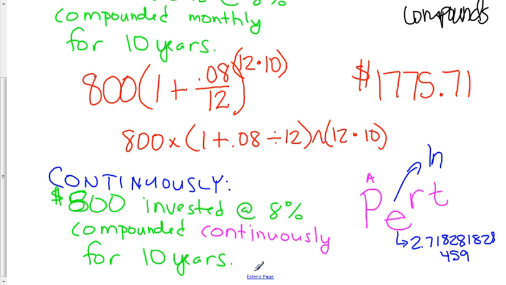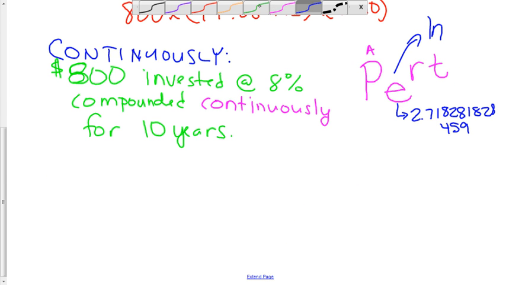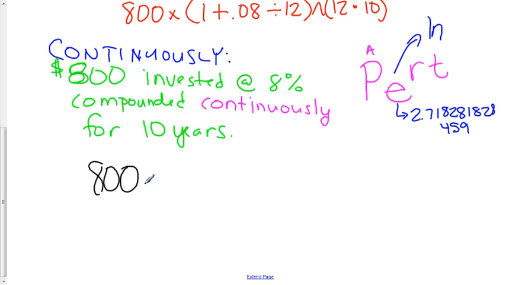And so for this particular problem, you would have 800 e, and then the exponent is 0.08 times 10.